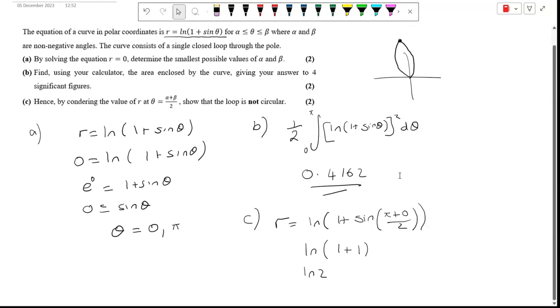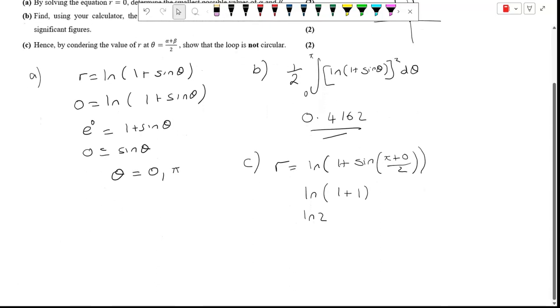And if it was a circle, then that would be the diameter of the circle. So now, if I work out the numerical value of that, we can see that the diameter is 0.6931, and that's the value of ln 2.